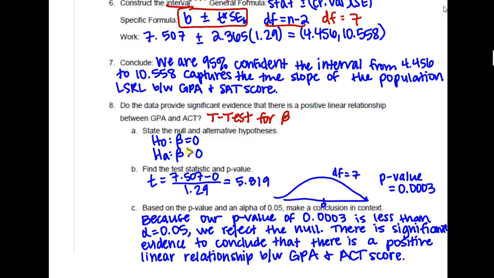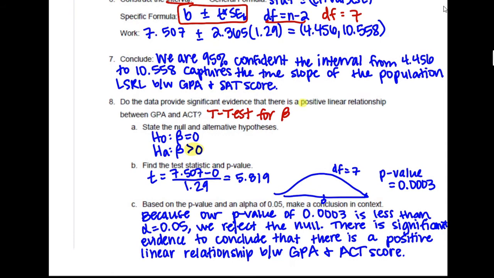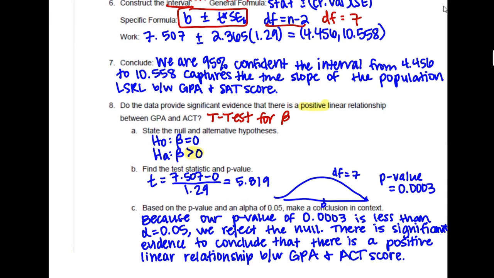I chose a greater than sign because it said positive. And so we have a lot of options there. This is always equals, which is no linear relationship. And then your alternative will be a positive one, a negative one, or just a linear relationship with a not equal to sign.